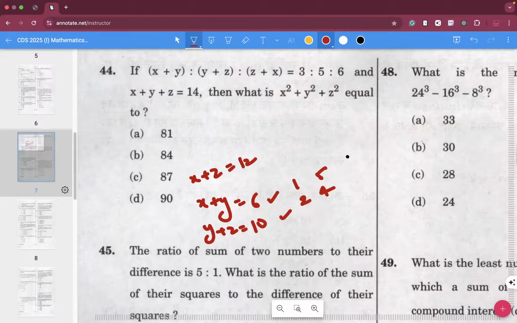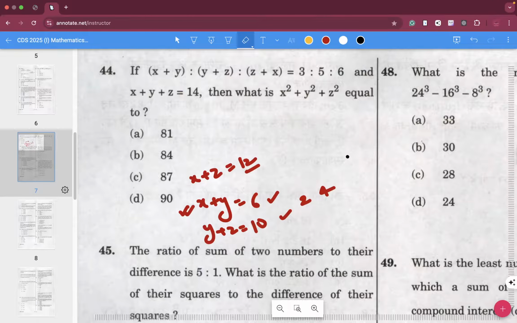In that case we will satisfy this equation. But if y is 4, then z will have to be 6, then only it will be 10. Now x plus z is equal to 12, they are saying. z value is 6, x value is 2, so it's not coming 12, so we have to check for certain values.